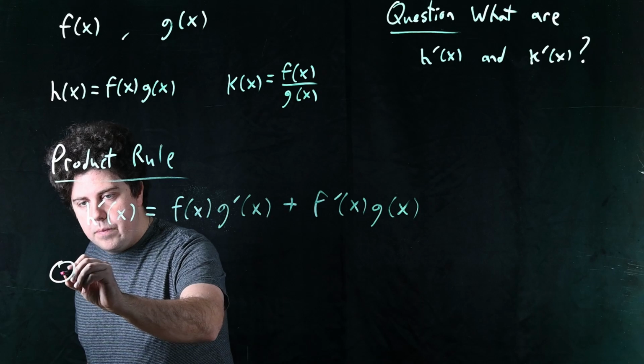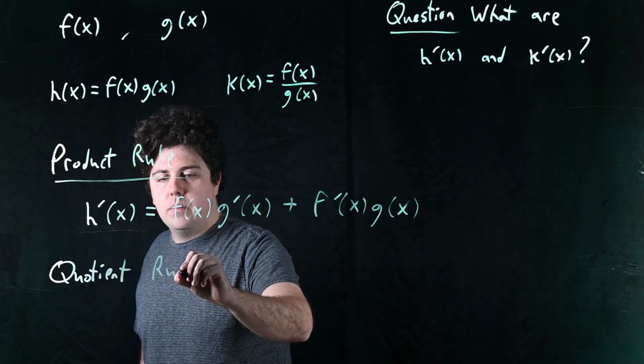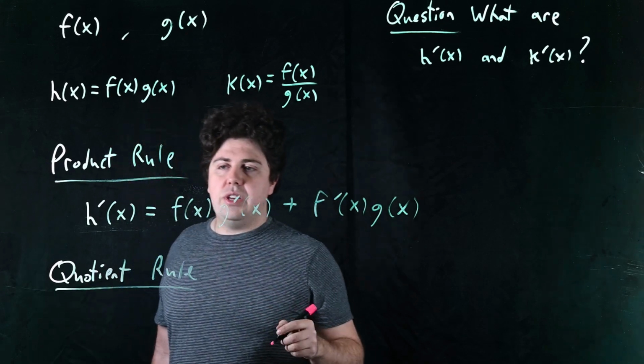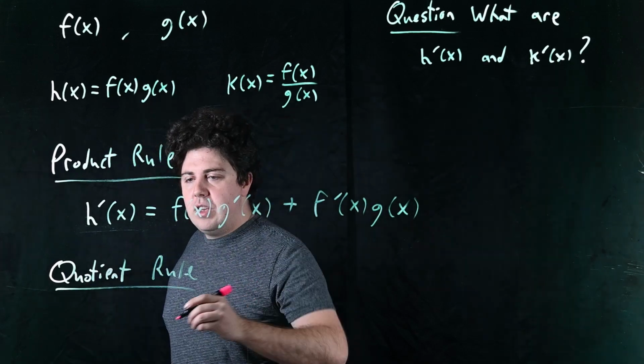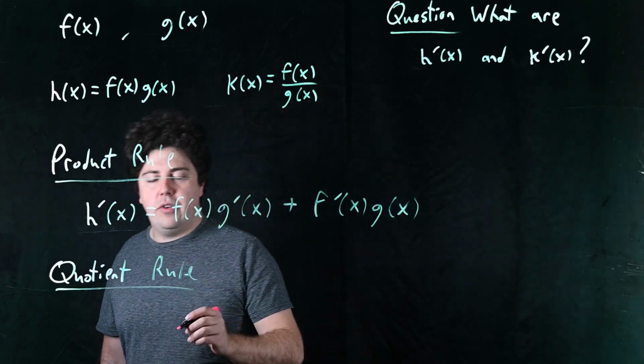And similarly, we have the quotient rule, and it's even messier still, but it's still very user-friendly, still something that you can just plug information into and get your answer.